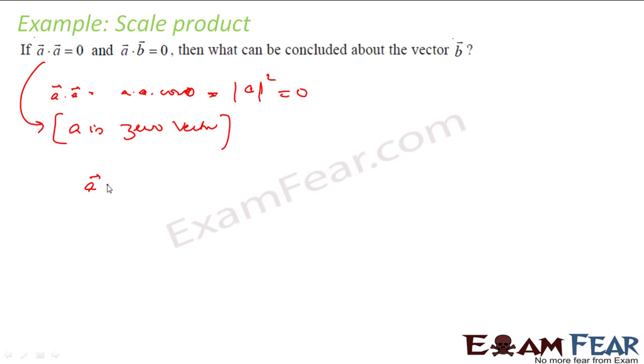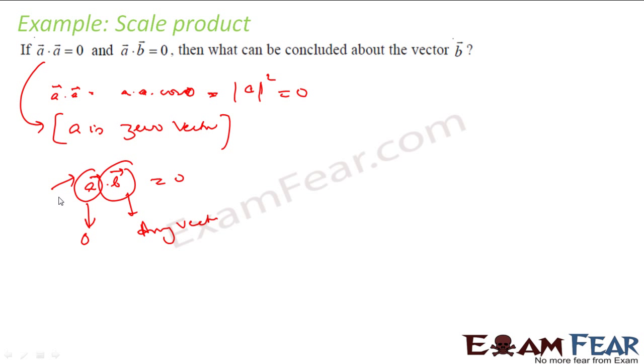Second, we are told that a dot b is 0. Since a is 0, we know that b can be any vector. Correct? And that is why this is 0. We are told that a dot b is 0, but before that, I already know that a is a 0 vector. Since a is a 0 vector, b can be any vector. So we can't conclude anything about the b vector.